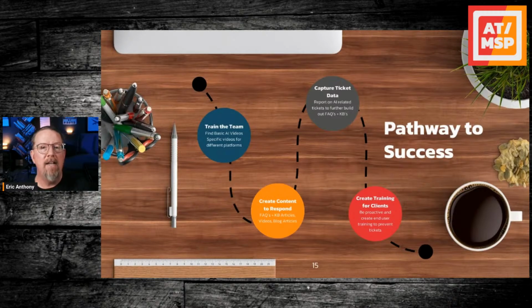Okay. That is capturing your ticket data. You want to be reviewing all of the tickets that are coming in about AI so that you can go back and create more content to respond. That's how you're going to know what questions you need to answer in the content.